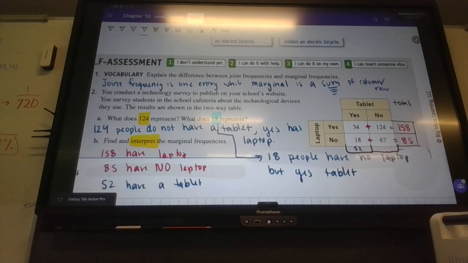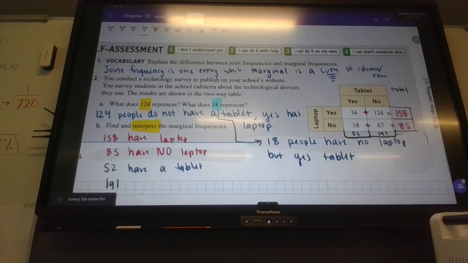A marginal frequency is always addition, unless there was a negative number in there. I was adding a negative. 191 have no tablet.